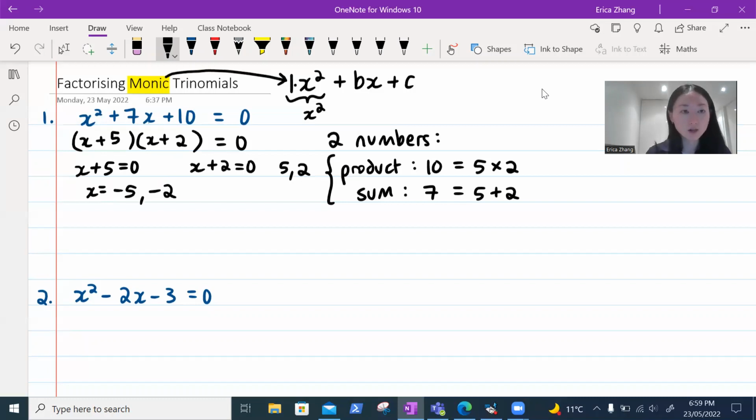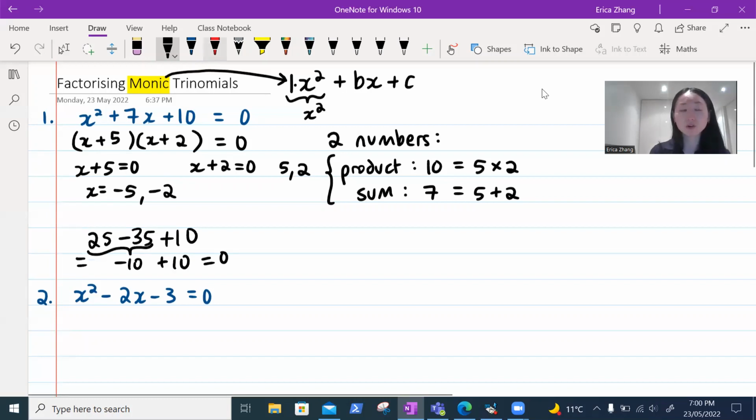Okay, now to verify that this is the correct answer in our heads, let's say we don't have access to a calculator, let's plug in x is equal to minus 5. Minus 5 squared is positive 25. So 25 plus 7 times minus 5 is minus 35, plus 10. 25 minus 35 plus 10 gives us 0.